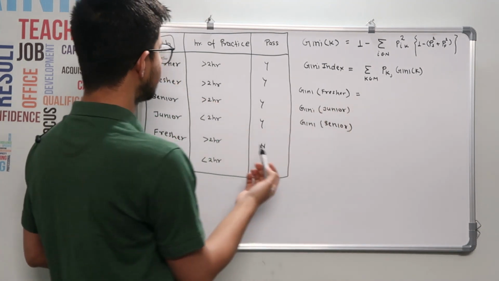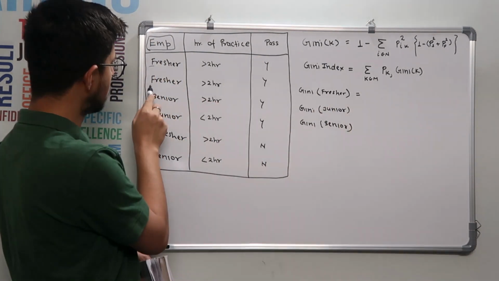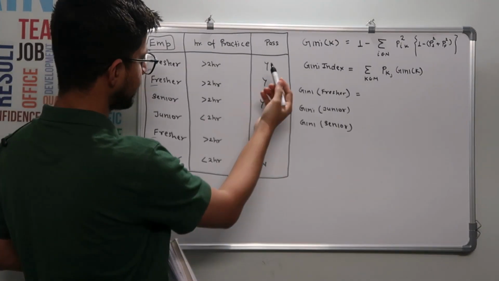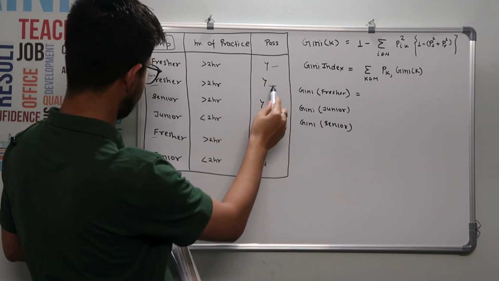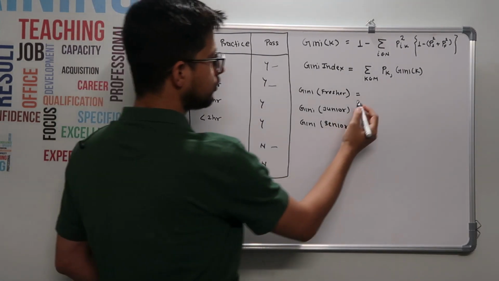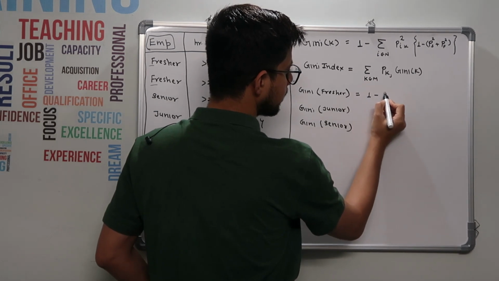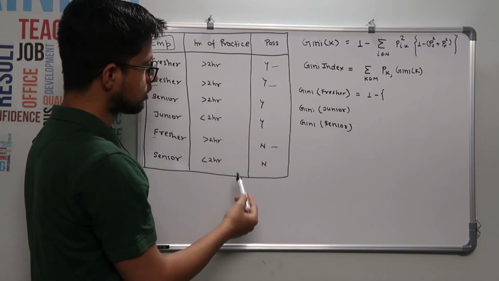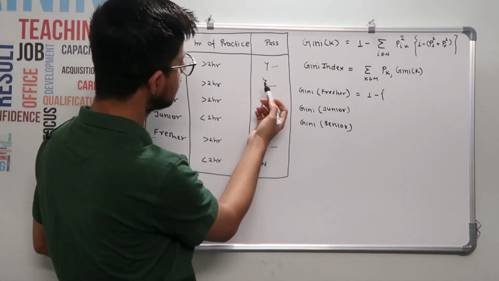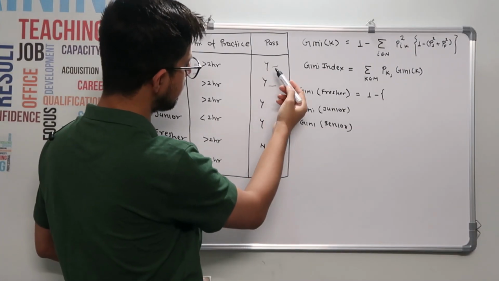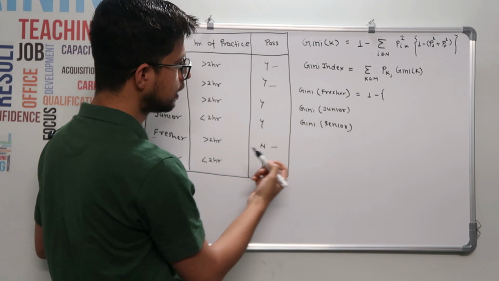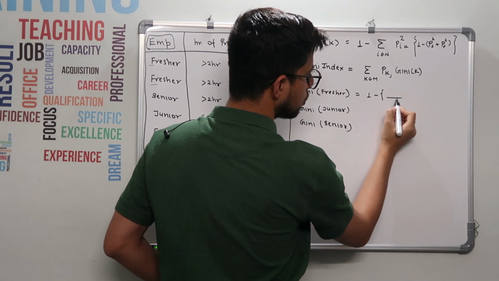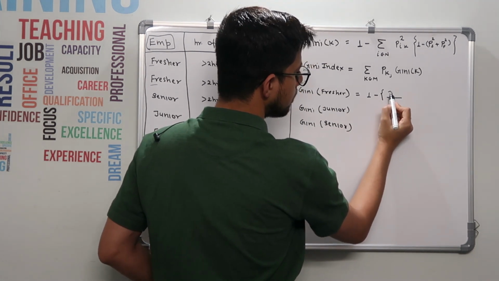In terms of freshers, how many freshers are there? 1, 2, then 3. A total of 3 freshers, and out of 3, two are yes and one is no. So the probability of success: there are 3 freshers in total, so your total sample space will be 3, and 2 by 3 are yes.